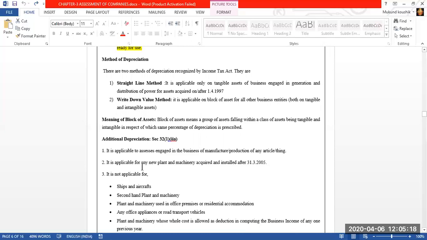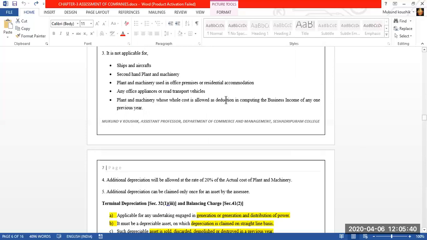The second condition for claiming additional depreciation is that it is applicable only on new plant and machinery acquired and installed after 31/3/2005. So it is only applicable on plant and machinery acquired after 31st March 2005 onwards. It is not applicable for the following items: ships and aircraft; second hand plant and machinery; or plant and machinery used for office or residential purposes.